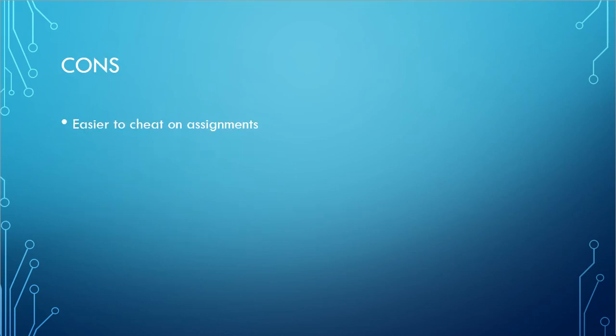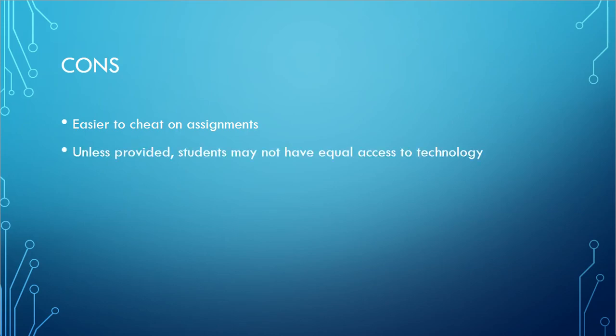Some cons: it is easier to cheat on assignments. Some students can take a picture of a test and circulate it very easily. Unless it's provided to a student, students may not have equal access to technology. So it's not really right for teachers to assume that every student has a smartphone.